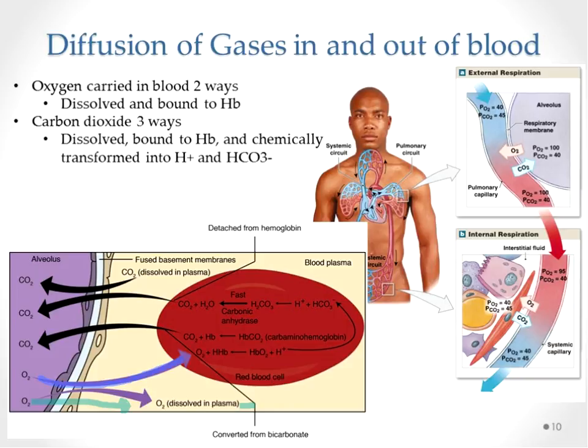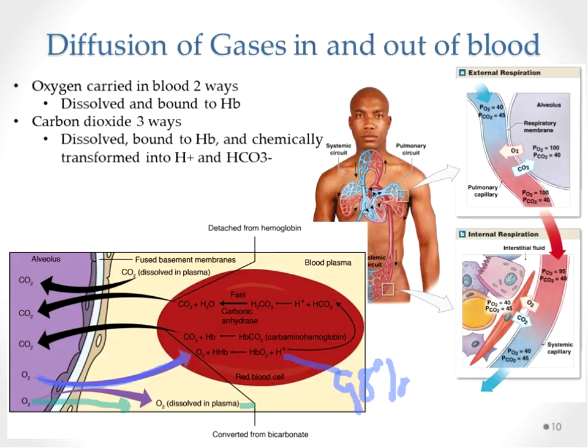The rest of it's going to, as this arrow shows, head in, bind to hemoglobin, and form what's known as oxyhemoglobin. And this is where 98% of our oxygen is bound, so we can constantly keep a gradient of pulling more oxygen in every time blood's moving through the lungs. Right?